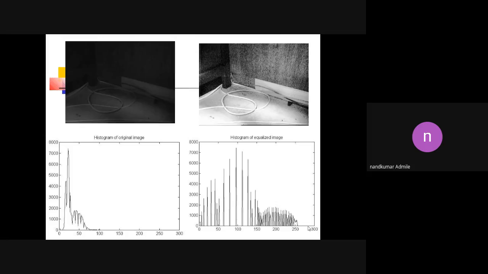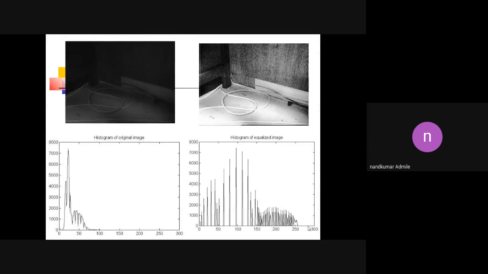Now our objective is to improve the quality of the input image. As we study, our topic is image enhancement, so basically we have to improve the quality of the input image. Histogram equalization is one technique that can be used to improve it.